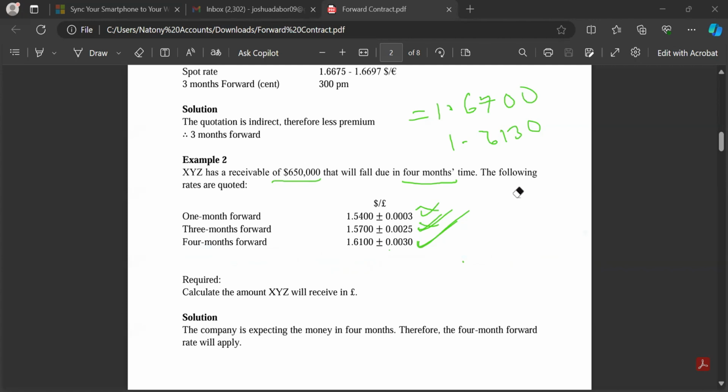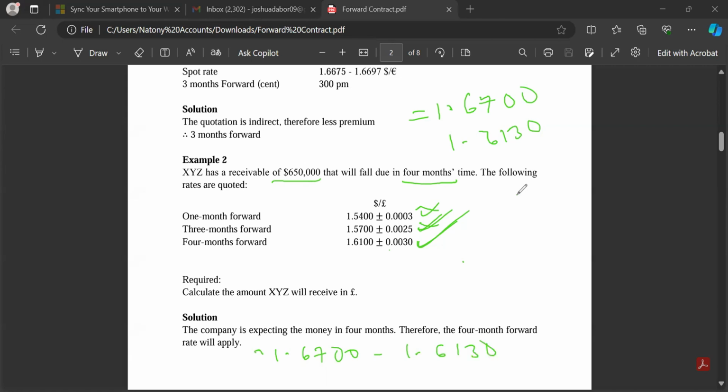You can rewrite this quotation to become 1.6700 to 1.6130.